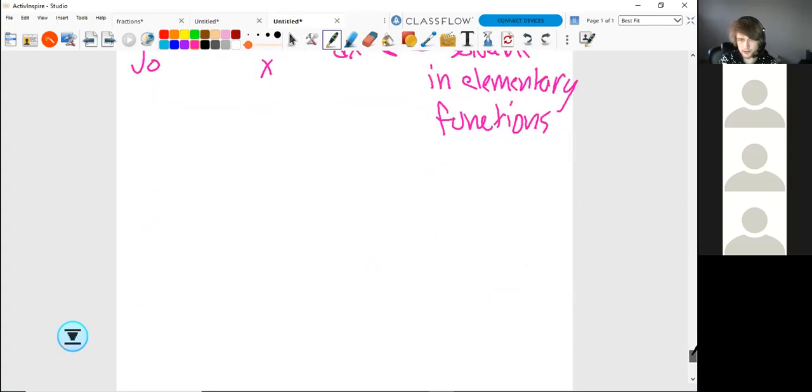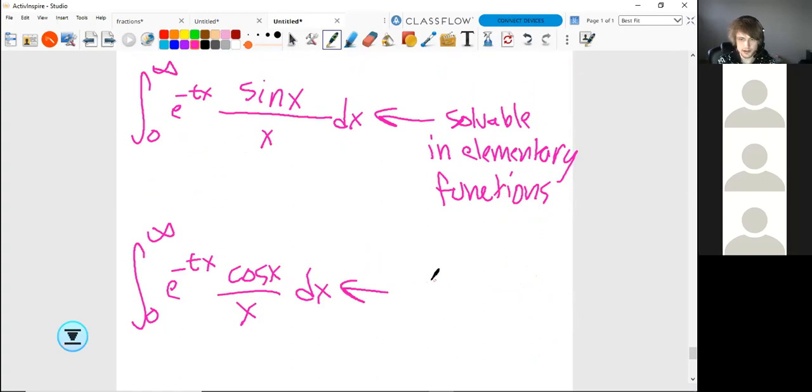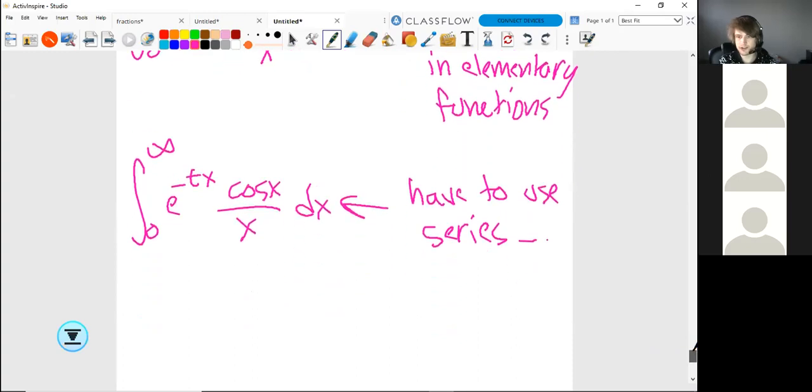And then one thing that I don't know if we're going to actually touch on, but actually this integral, you have to use series to define its antiderivative. You can't use elementary functions to satisfy it.